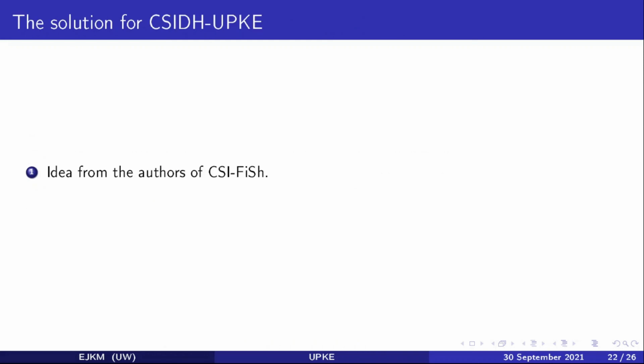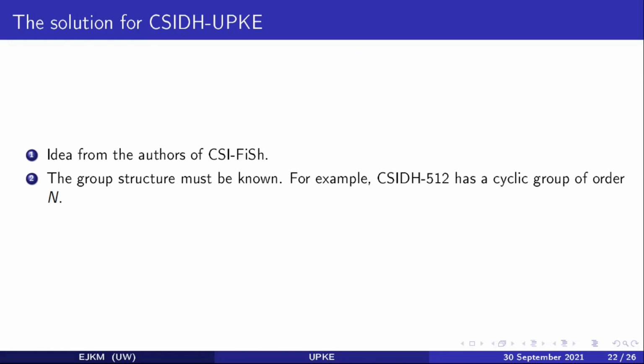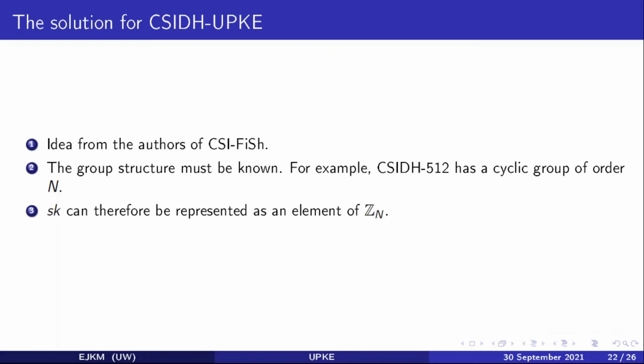There is a simple solution to both our issues. This comes from an idea by the authors of Sci-Fish. For this to work, the group structure must be known. For example, in their implementation, they worked on CSIDH 512 because it had a cyclic group. Let's call it a cyclic group of order n. So instead of representing sk as a vector of integers, we can represent it as a group element.